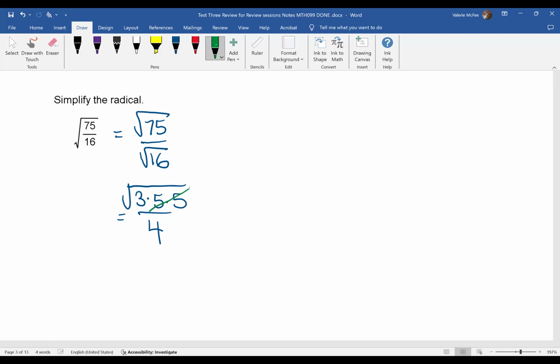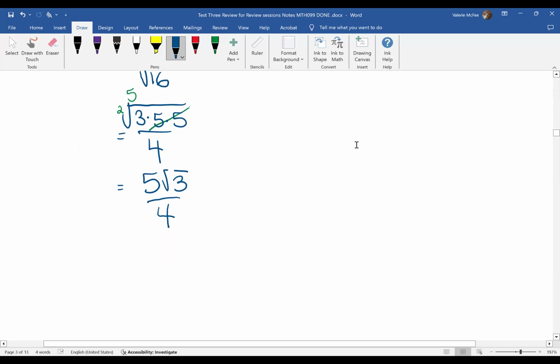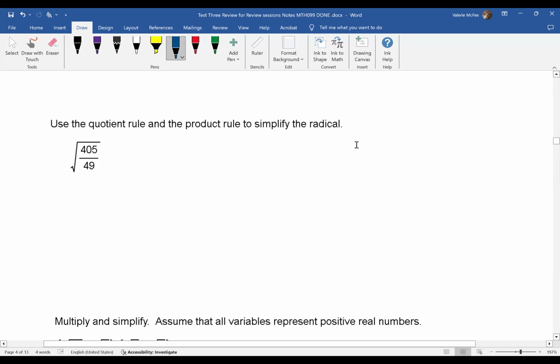We have 2 factors of 5, and because the index is 2, I know I can take those 2 5s outside of the radical sign. 5√3 all over 4. Why don't you prime factor this one and simplify it?